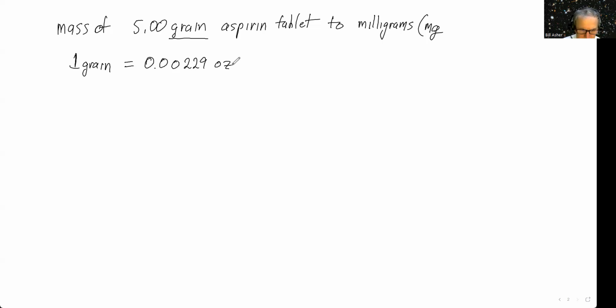And now I have to look up the conversion between ounces and grams, because I don't know that off the top of my head. So let me look that up. I think there's a conversion table in my book.